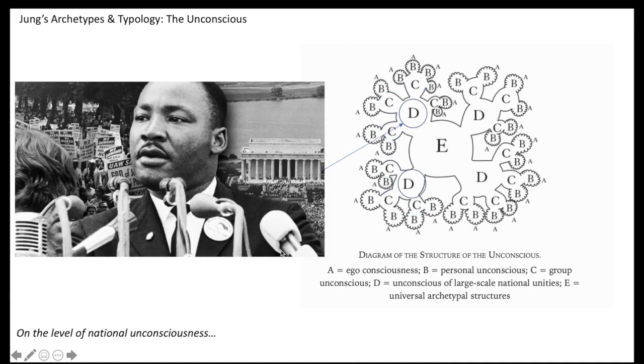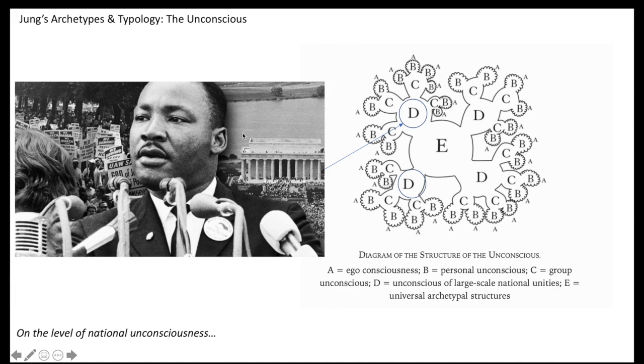Then if we get to the level of a nation, you can look at Martin Luther King for the nation of the United States. There are people in the U.S. that don't know much about Martin Luther King, but might say he's a national hero, even though they couldn't tell you much about him, besides that he was a civil rights leader, and he said that racism was bad.